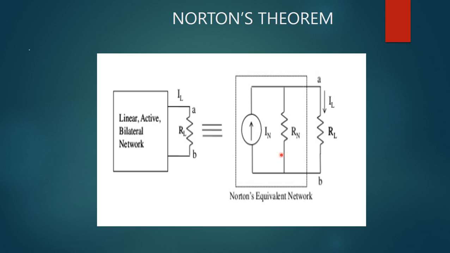And this diagram is the Norton's equivalent circuit diagram. Actually, this complicated circuit can be replaced by its equivalent circuit, which is Norton's circuit, and this portion is the Norton's circuit diagram.